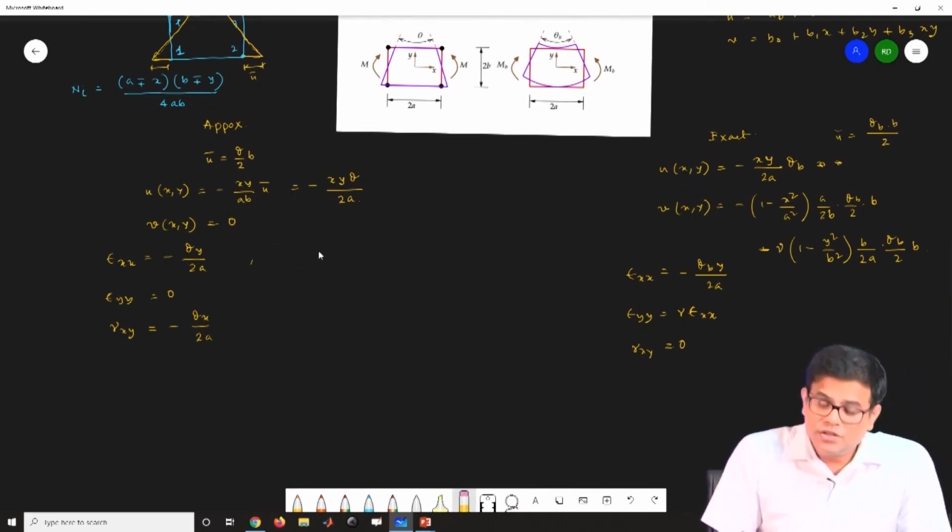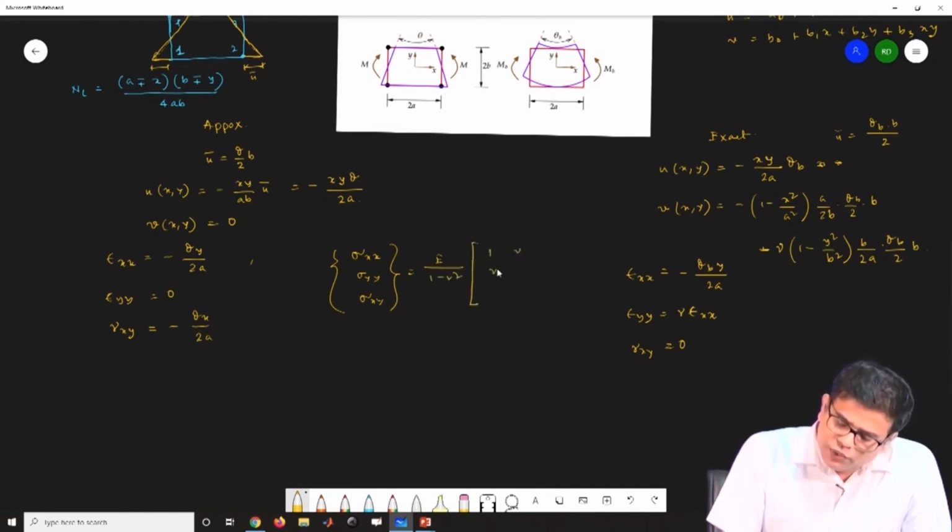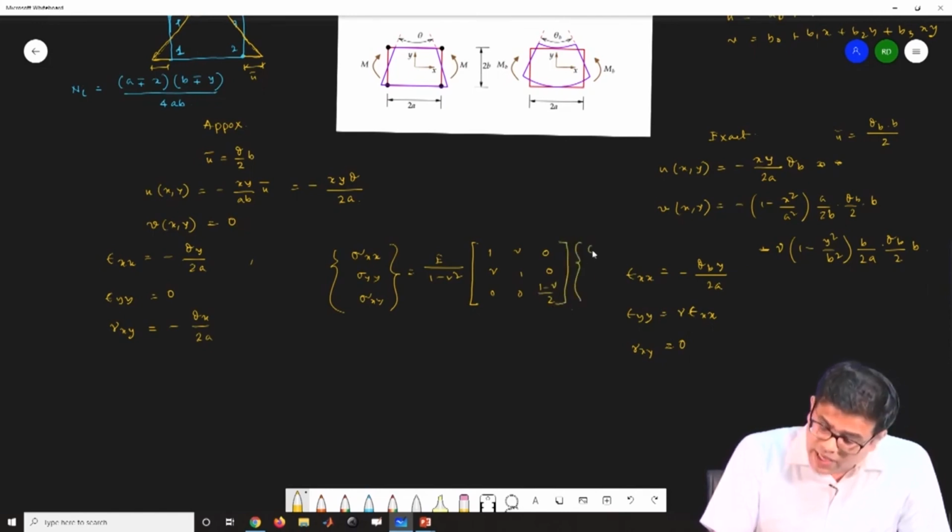So if I write the plane stress relation, sigma xx, sigma yy, sigma xy equals E by 1 minus nu squared, times the matrix 1, nu, 0; nu, 1, 0; 0, 0, (1 minus nu) by 2, into epsilon xx, epsilon yy, and gamma xy, right?